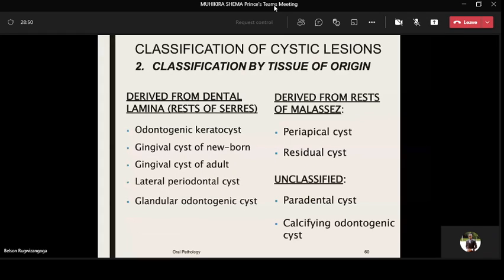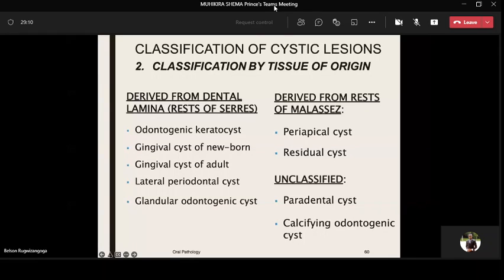Then the classification by tissue of origin. They can be derived from dental lamina or the rest of cells. There are the ones that are odontogenic keratocysts and so on. It can be derived from the rest of cells.